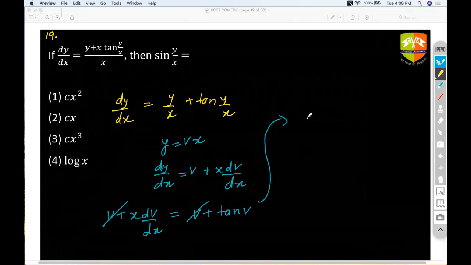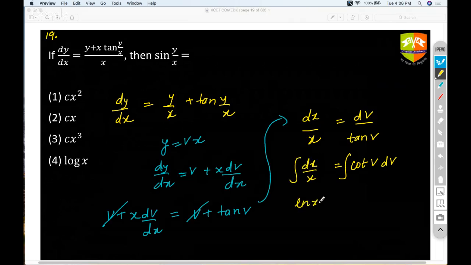So this becomes dx by x is equal to dv by tan v. Okay, 1 by tan v is nothing but cot v, and the integral of this is going to be ln x is equal to ln of sin v.